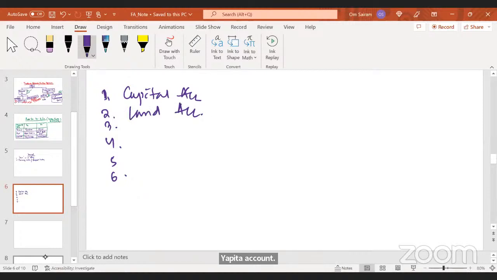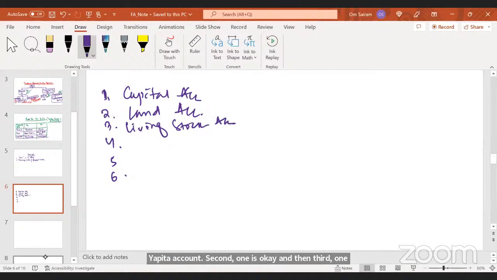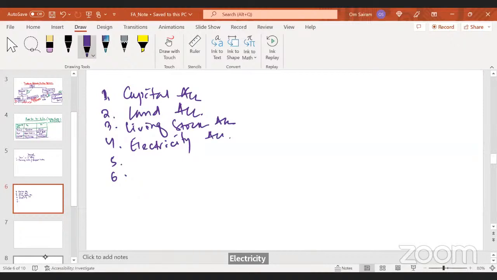The third one is livestock account. The fourth one is electricity account. The fifth one is rent account. And the sixth one is Reliance Industries Limited.